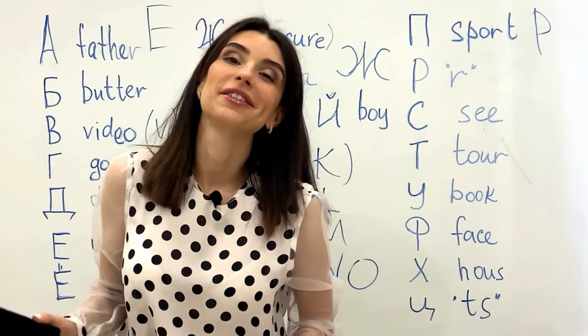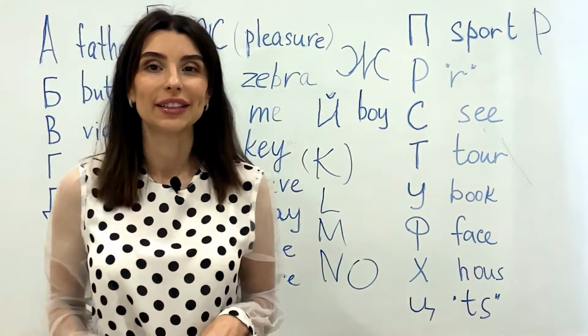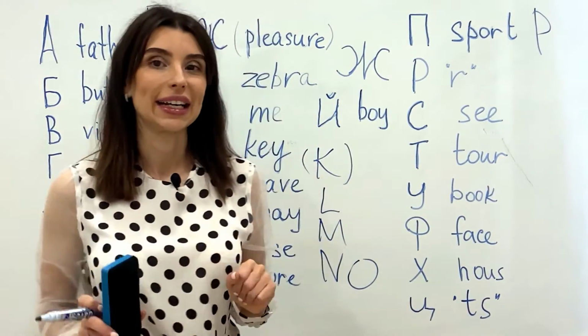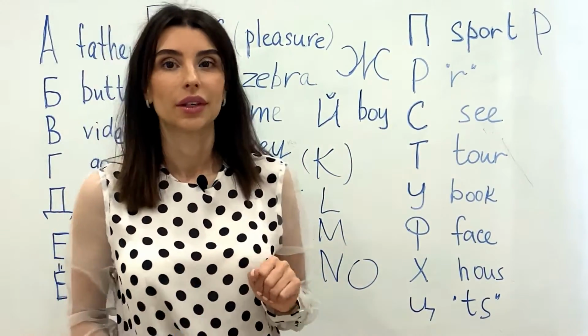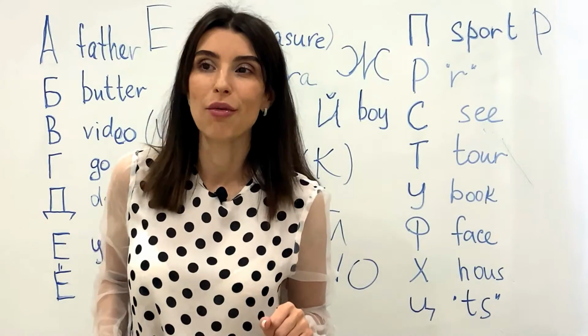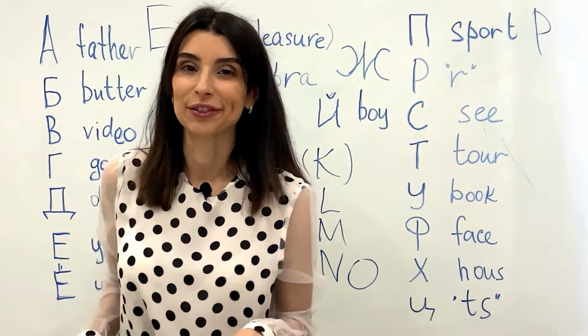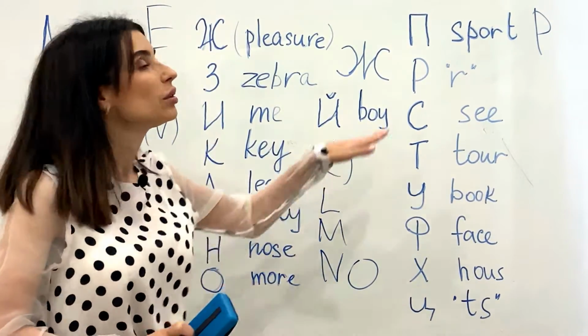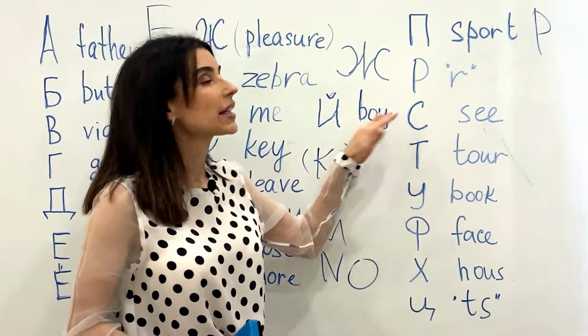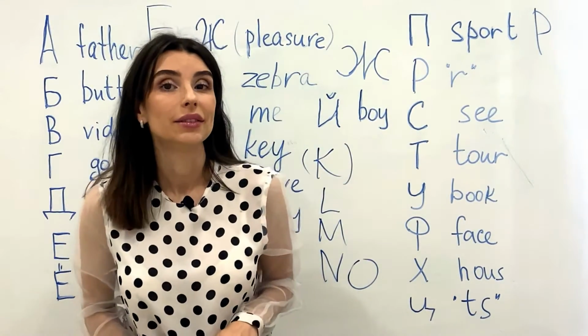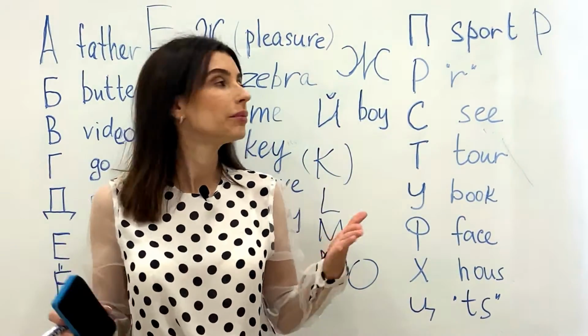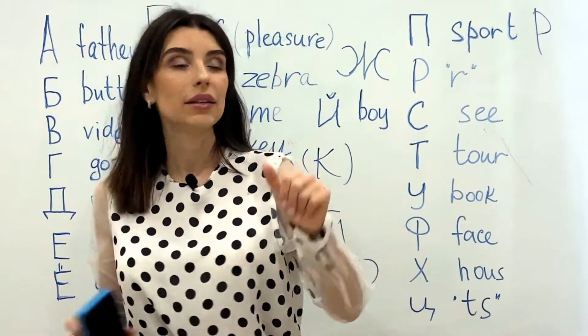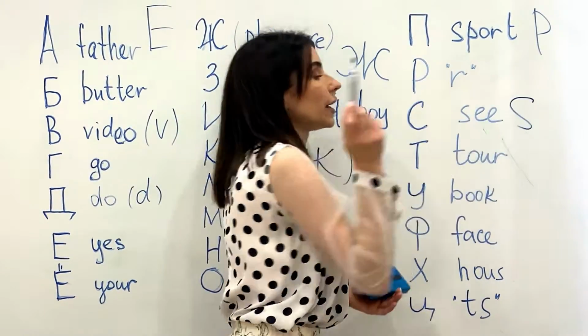It's so hard. When you are doing something at home, try to practice it by yourself. R. Next one, S, like C, like S in English.